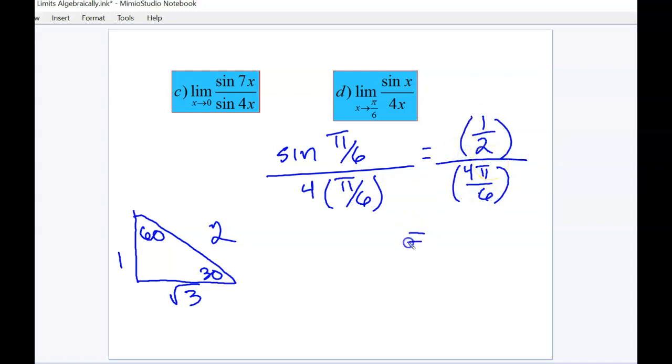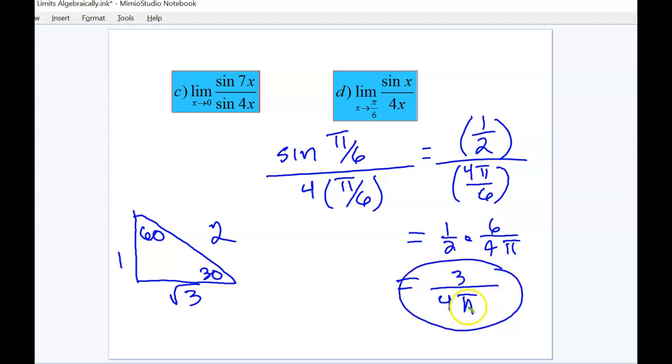If we multiply by the reciprocal, I would have 1/2 times 6 over 4 pi. Whoops, not 4x, but 4 pi. If we simplify, I get 6 over 8 pi, which is 3 over 4 pi, my final answer. And remember, this pi is in the denominator. It's not at the end of my fraction.